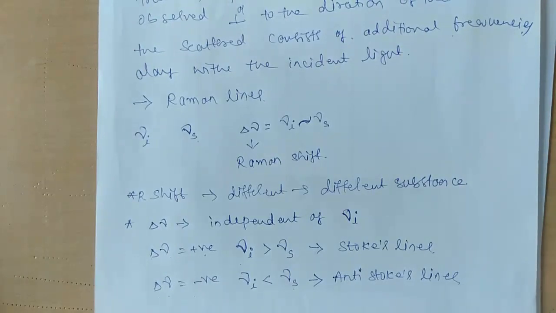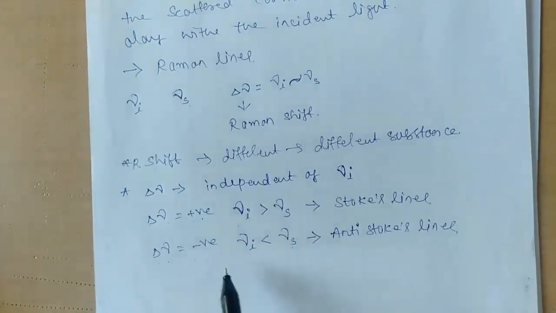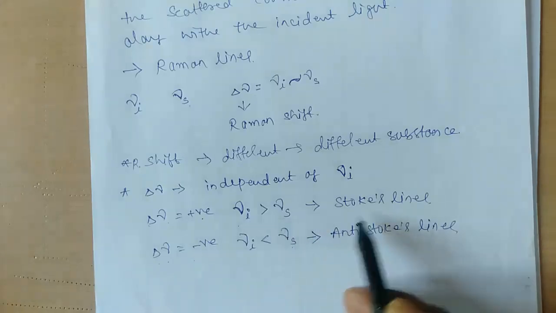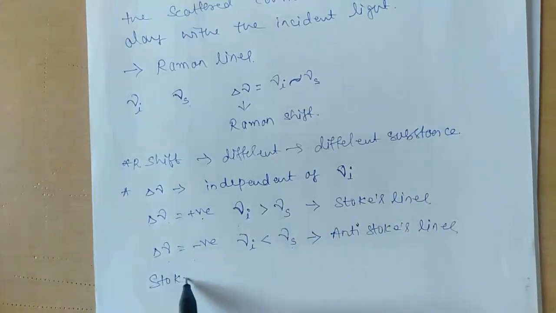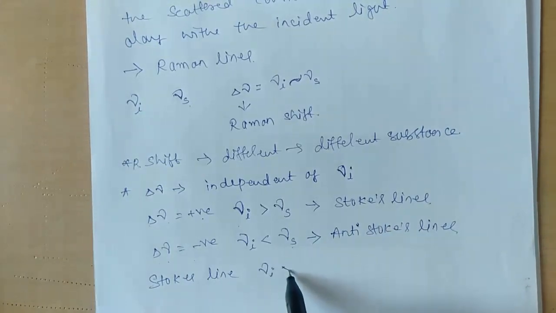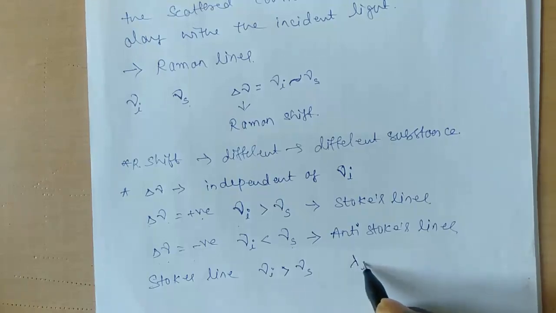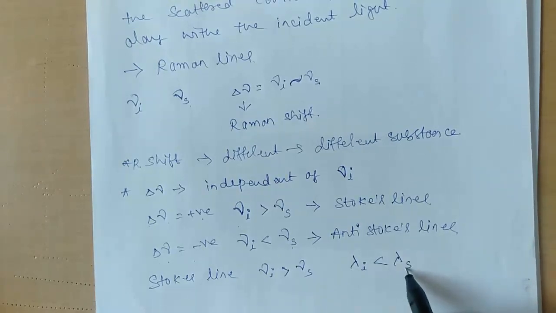If you indicate the same thing in terms of wavelength, we know that frequency and wavelength are inversely proportional. In the case of Stokes lines, the frequency of the incident light is greater than the frequency of the Stokes lines. In terms of wavelength it will be vice versa, that is, the wavelength of the incident light is less than the wavelength of the scattered light.